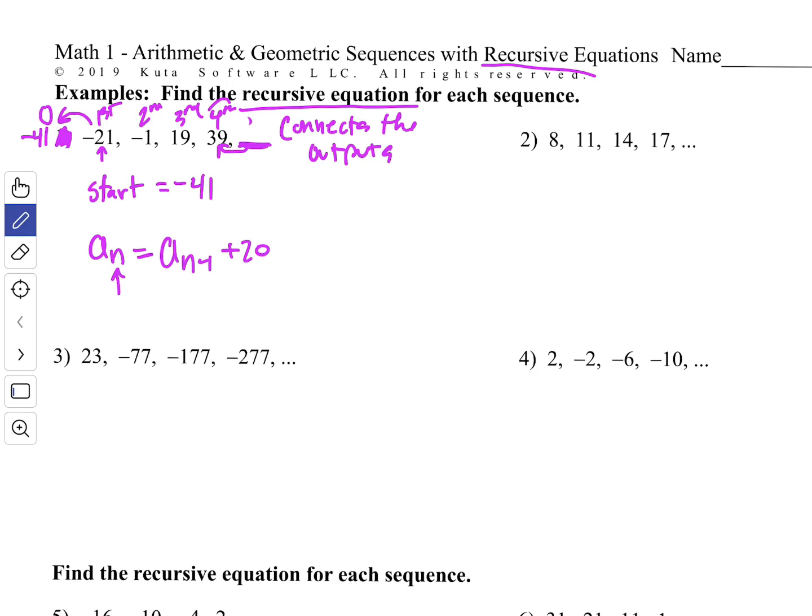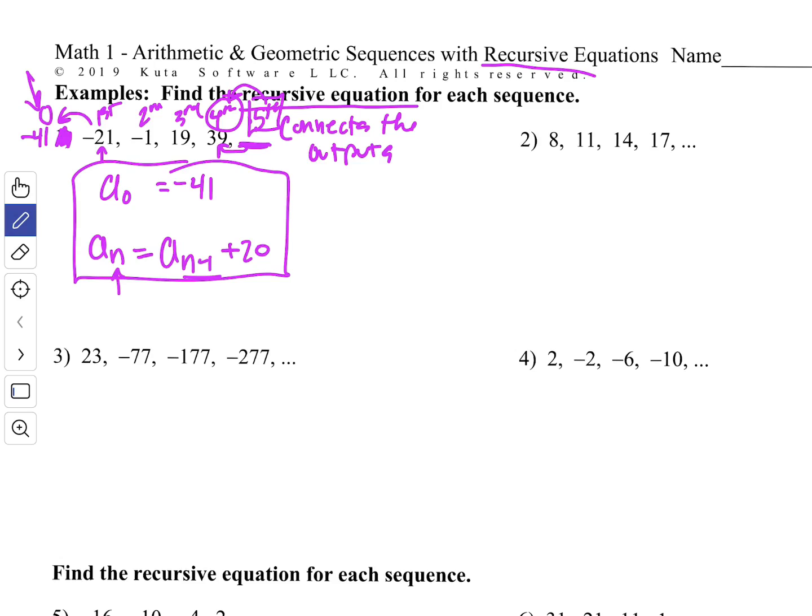The idea here is that this n represents this number. Say I want to find the fifth term. To find the fifth term, I'm going to have to jump back a term. That's where the n minus 1 comes in. And the start, because it's the zero term, becomes a sub 0.